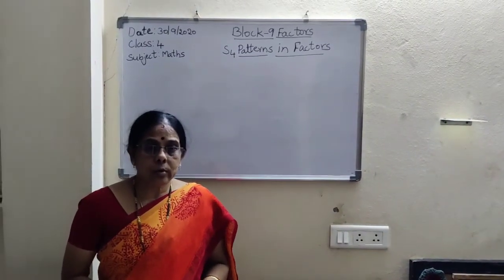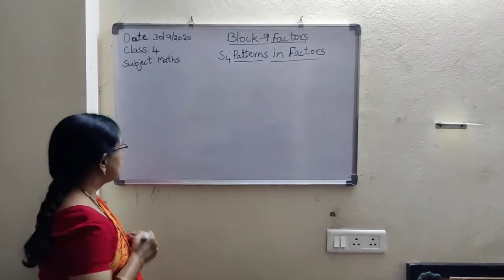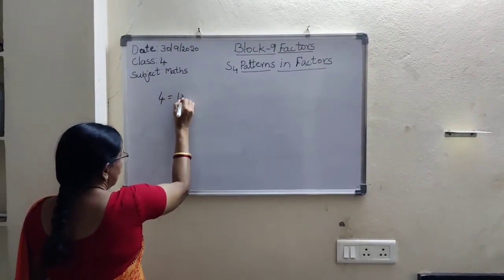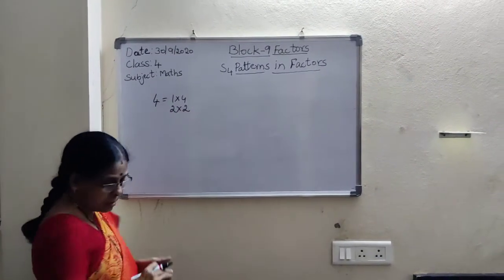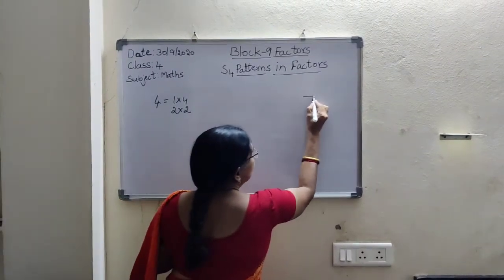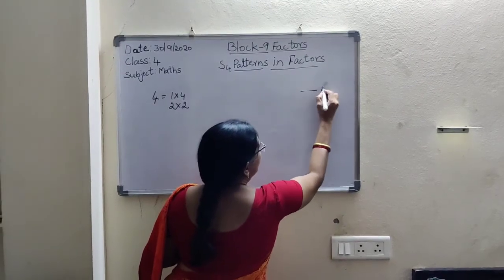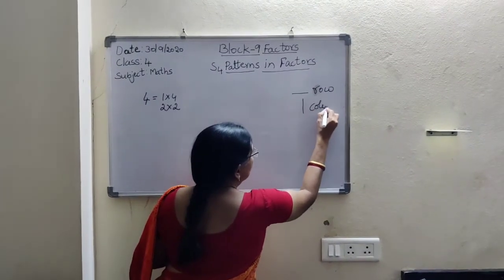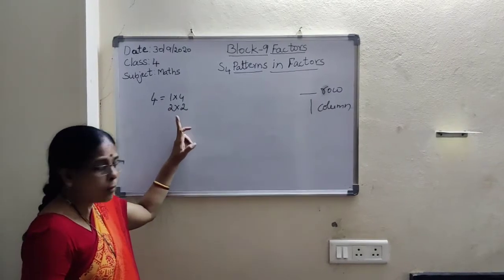Now I am going to show you factor pairs with the help of a figure. Okay, for example 4. What are the factors of 4? 1 4s are 4, 2 2s are 4. Okay, first I will draw the figure, children. First you see here, if we draw this way, it is called a row. This is a column. Okay, now 1 into 4.